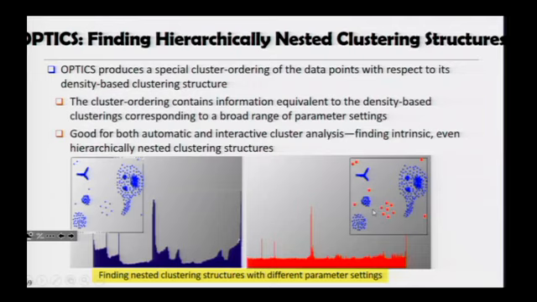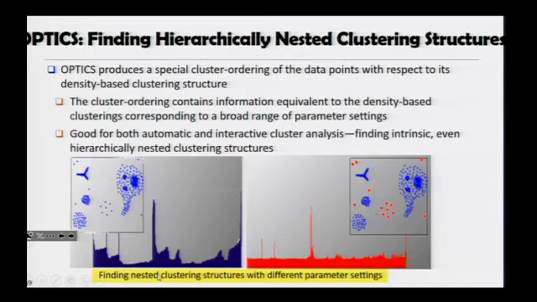So the good thing about OPTICS is actually twofold. One is that it can handle a broad range of parameter settings while giving you robust clustering results. And the second thing is that it can find hierarchical nested structures, as I will show in these two figures here.